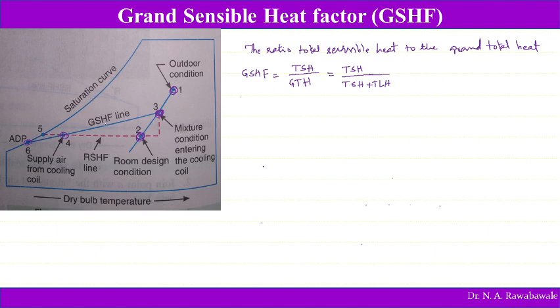This line can be drawn in a similar way as discussed for the room sensible heat factor line. The point 4 shown in this figure is the intersection of the grand sensible heat factor line and the room sensible heat factor line. This point gives the ideal condition for supply of air to the air conditioned room.